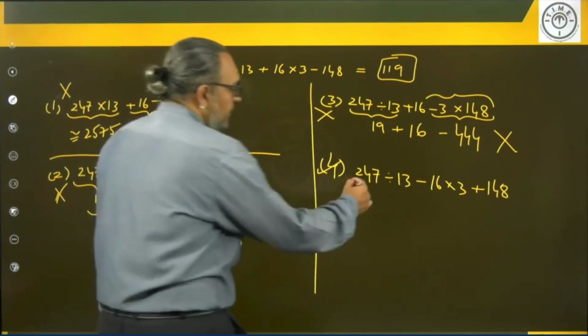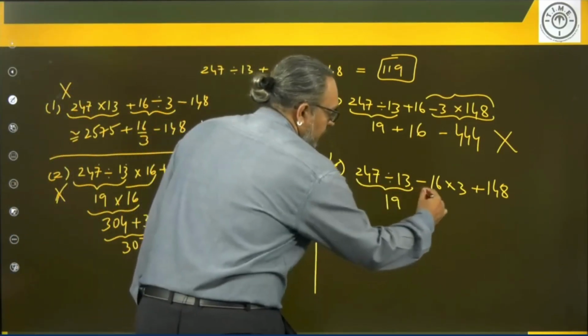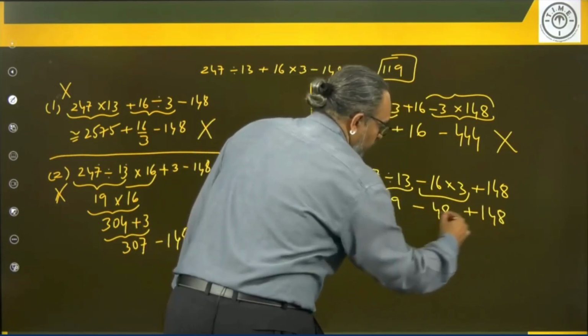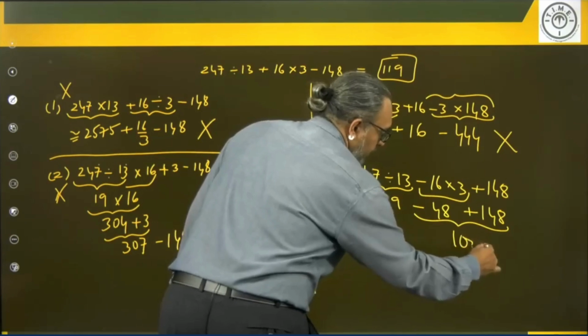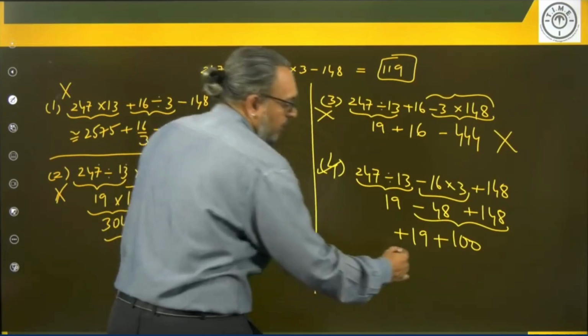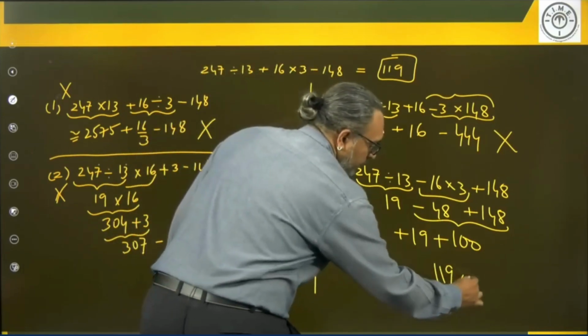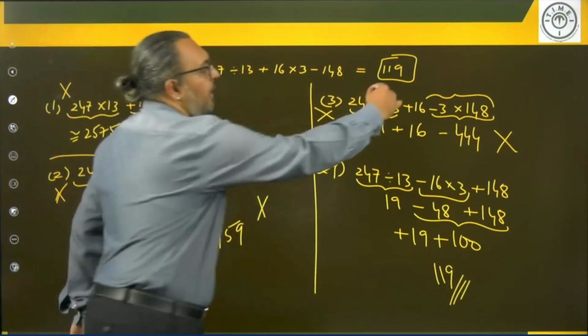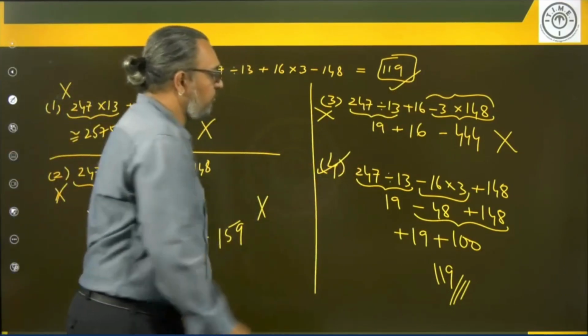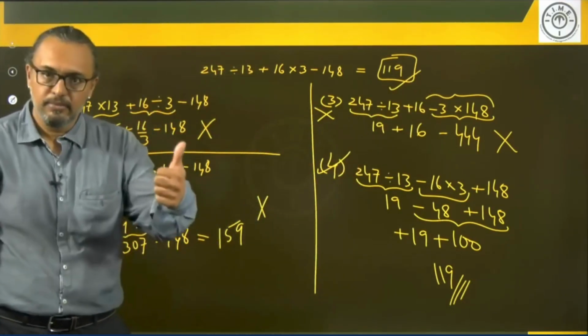So, now here this is 19, this is minus 48 plus 148. Now, minus 48 plus 148 is 100 and here you have plus 19. So, plus 19 plus 100, you will get 119 and that is exactly what I need as my right hand side number. So, that is why choice 4 will be our answer, correct.